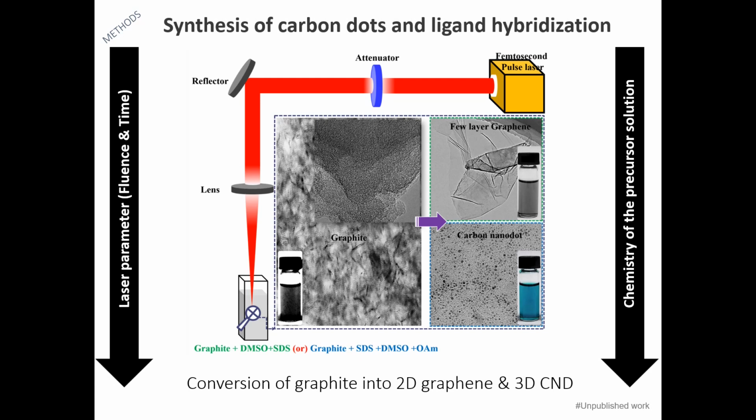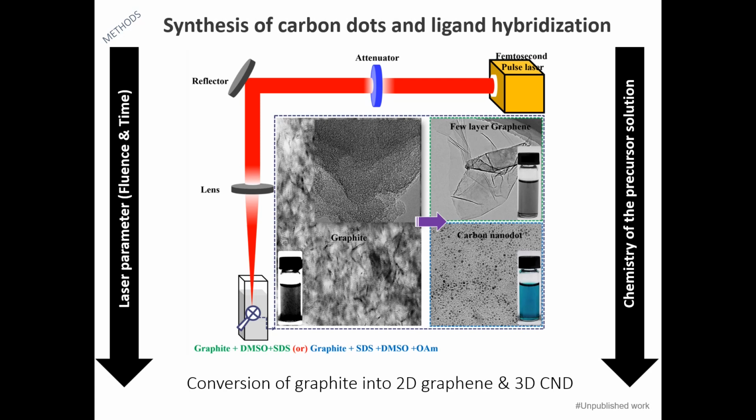When we add oleylamine into the solution, we finally got the carbon nanodot, which has a fluorescent property. So one can play around once we know how to design the material. This is the two-dimensional graphene, and this is the carbon nanodot. They come from the same source, we just play a little bit with the parameters.